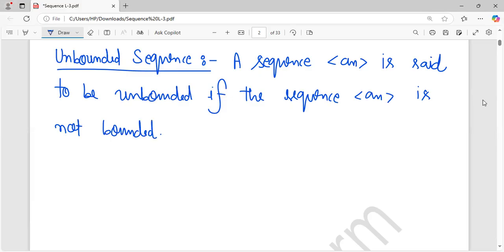So if a sequence is not bounded, that sequence is called an unbounded sequence.